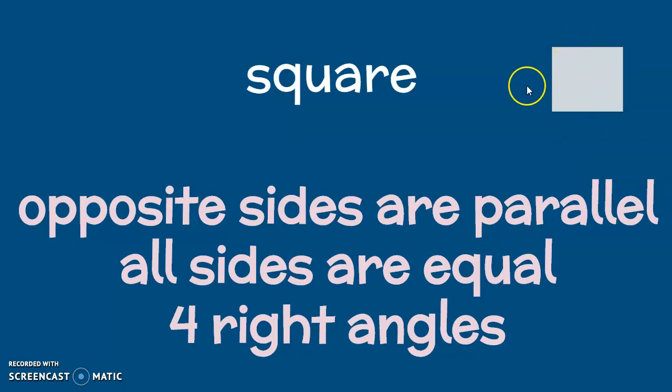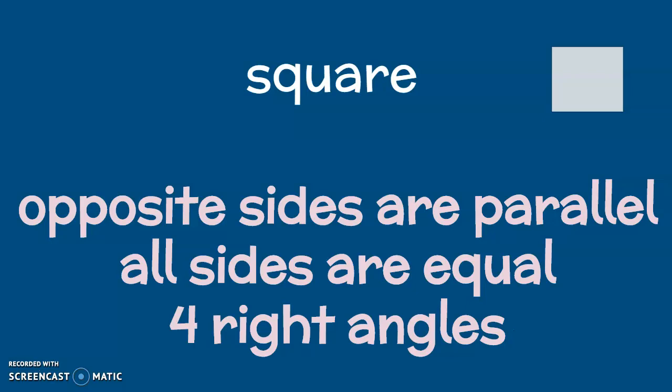Opposite sides are parallel and opposite sides are equal, but all four sides are equal and all the angles are 90 degrees, or all right angles. So that means the rectangle does not fit that because not all sides are equal. And the rhombus does not fit it because we need four right angles. So square is just a square.